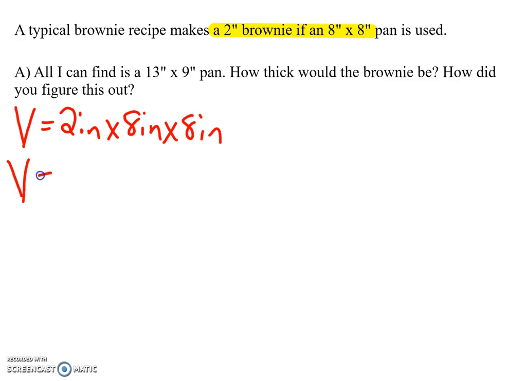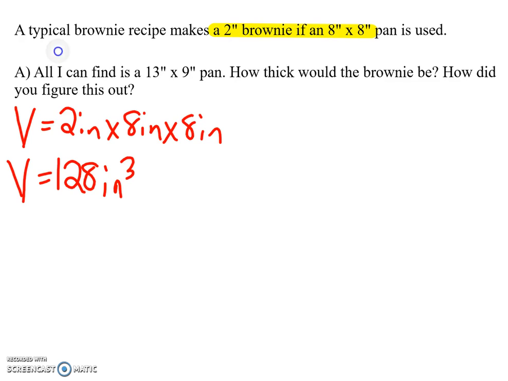And that would tell me that my standard volume is 128 cubic inches, inch times inch times inch. So then I know the volume I have. That volume will stay the same no matter the problem. What changes are the dimensions that make up the problem.